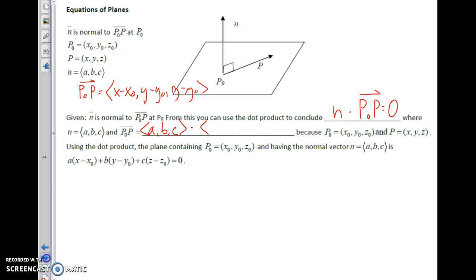That's how I'm going to write this vector, represented as P naught P, in vector or component form.